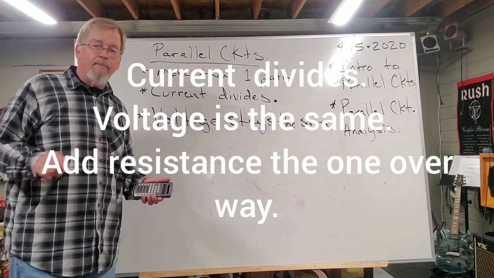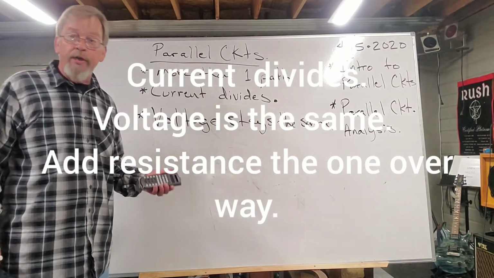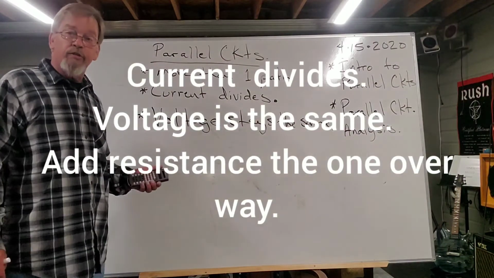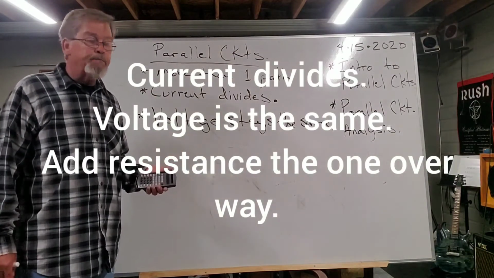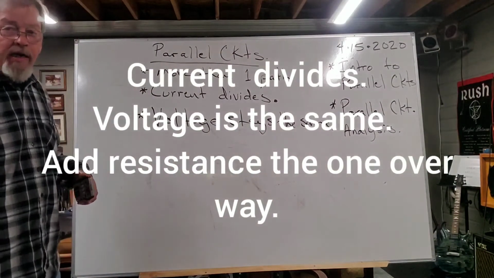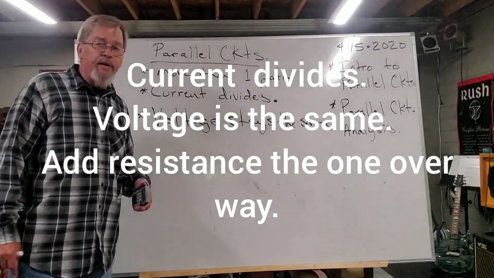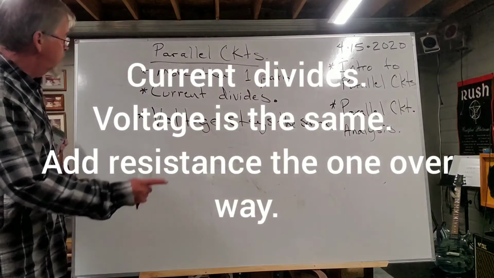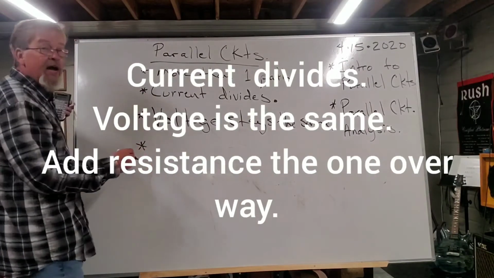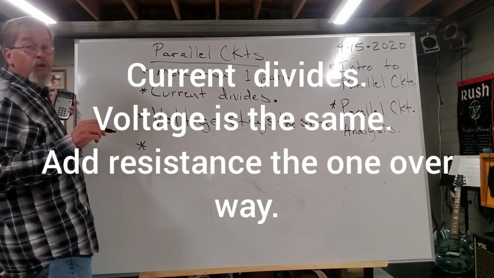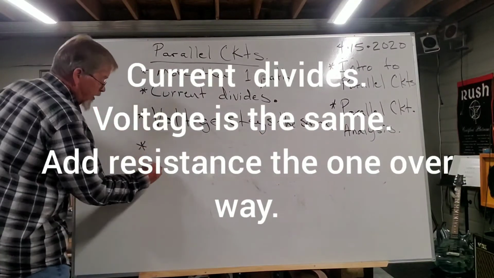And I don't care how many paths I have hooked up between those same 2 points, the voltage across each one of those paths is gonna be the same. And then last but not least, remember, focusing in on the big three, voltage, current, and resistance. Current divides, voltage is the same, and to find total resistance, we add them up the 1 over way.